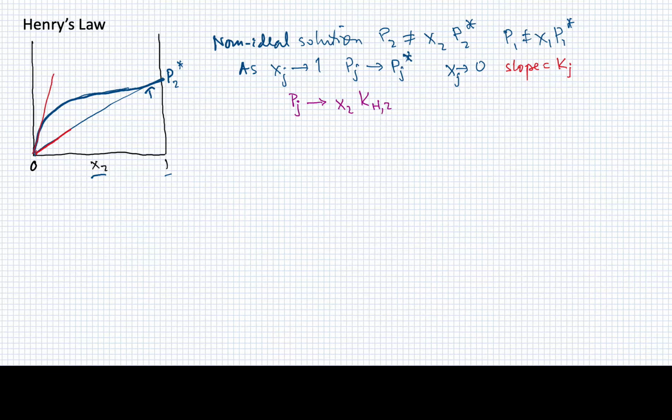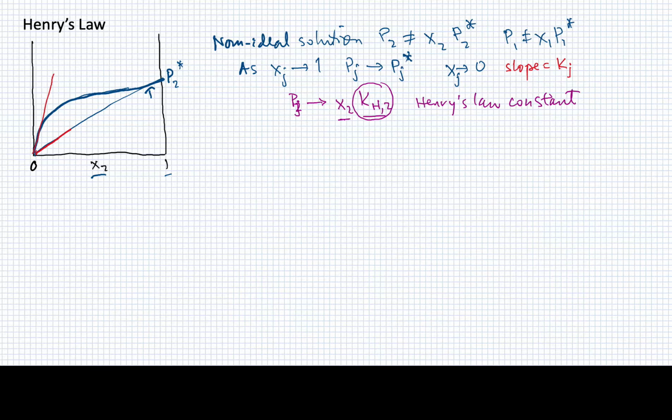And so for the case of component 2, as I've drawn here, it would be the mole fraction of 2 times a particular constant that is specific to that component and also specific to this combination of components. All right, this particular constant that we've put in here is something known as the Henry's law constant. Okay, and as I said, it'll be different for different components. It'll also be different for different mixtures.